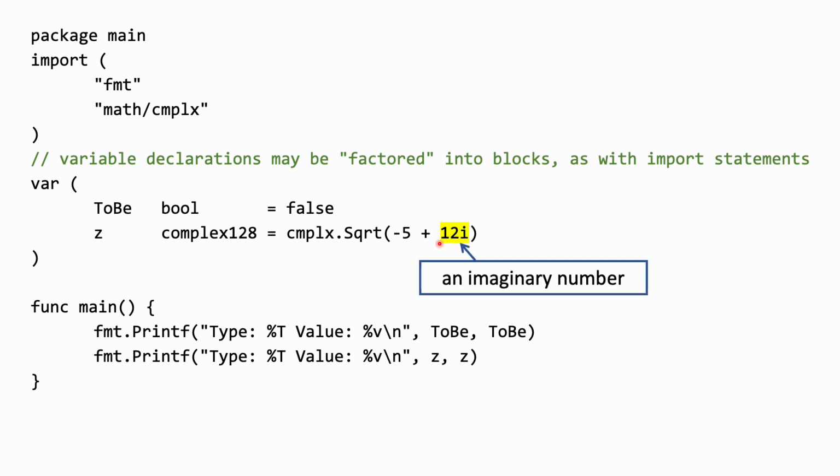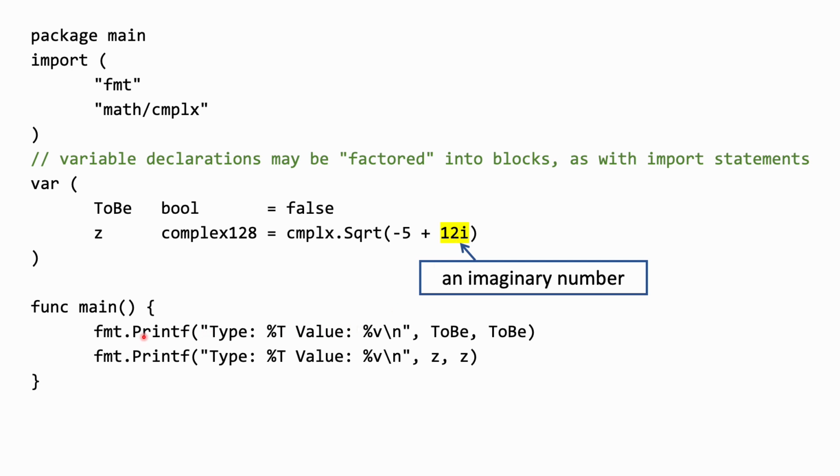In Go, an imaginary number is written as a real number followed immediately by the unit imaginary number i. So there's nothing in between. Okay, so no asterisk or multiplication signs in between the real number and the unit imaginary number i when you form an imaginary number in Go.